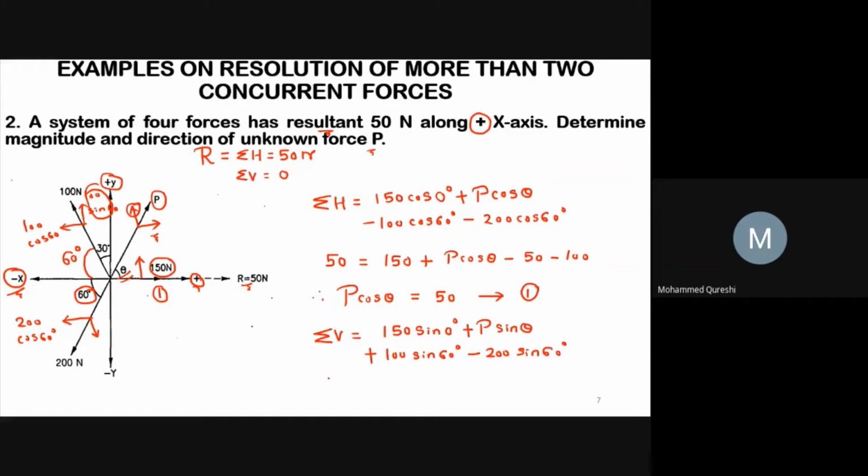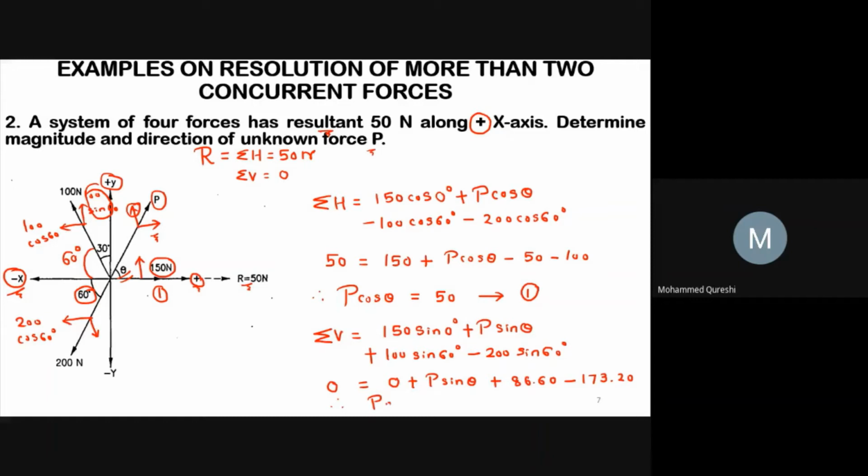And what is sigma V? Sigma V is nothing but 0. So 0 equals 150 sin 0 will be 0, plus P sin theta, plus 86.60, minus 200 sin 60 will be 173.20.